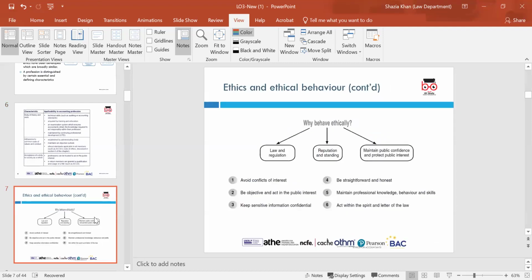Ethics and ethical behaviour. Why behave ethically? So you have law and regulation, as we said, codes and practice, reputation and standing. As I mentioned, a company's reputation is based on ethics. And maintain public confidence and protect the public interest. So maintaining this ethical climate within your organisation, it might be an excellent organisation, but it may not be embedding any forms of ethics.